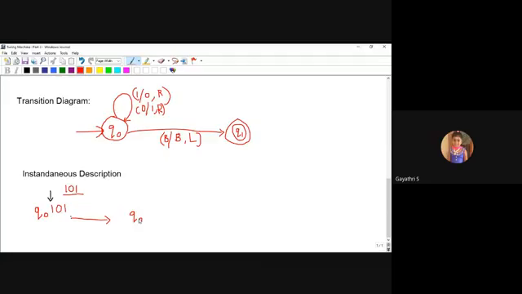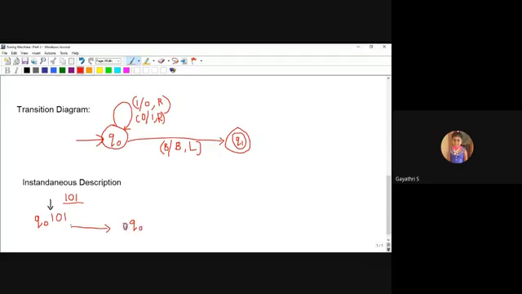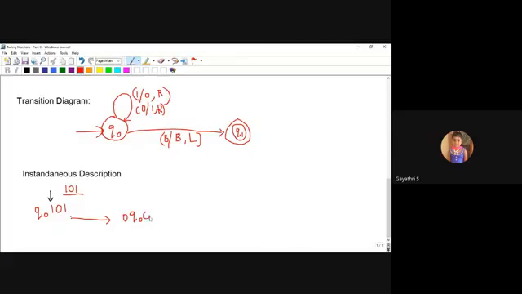The 1 is replaced by 0, and I write that here. Then the tape head points to the next input alphabet, 0, so I write it here. This is applicable for all problems on instantaneous description.